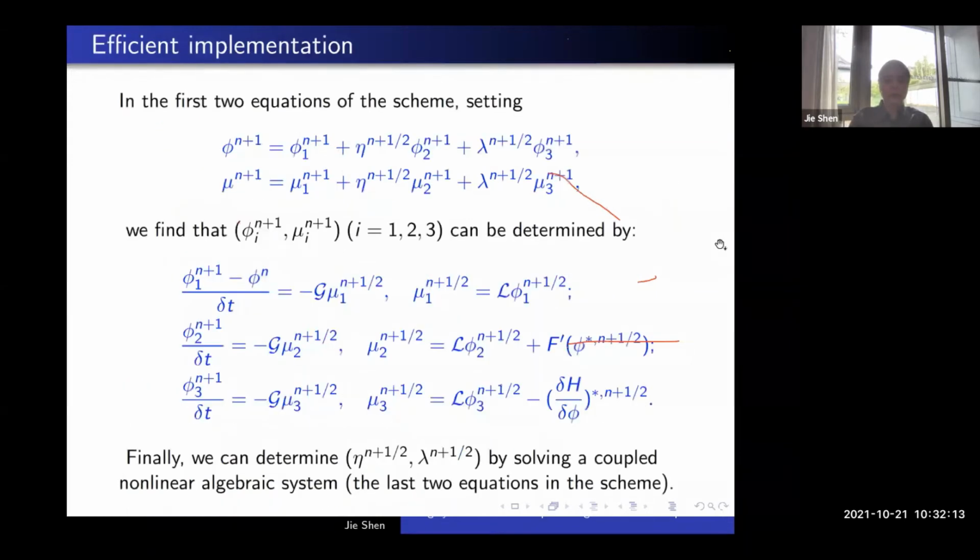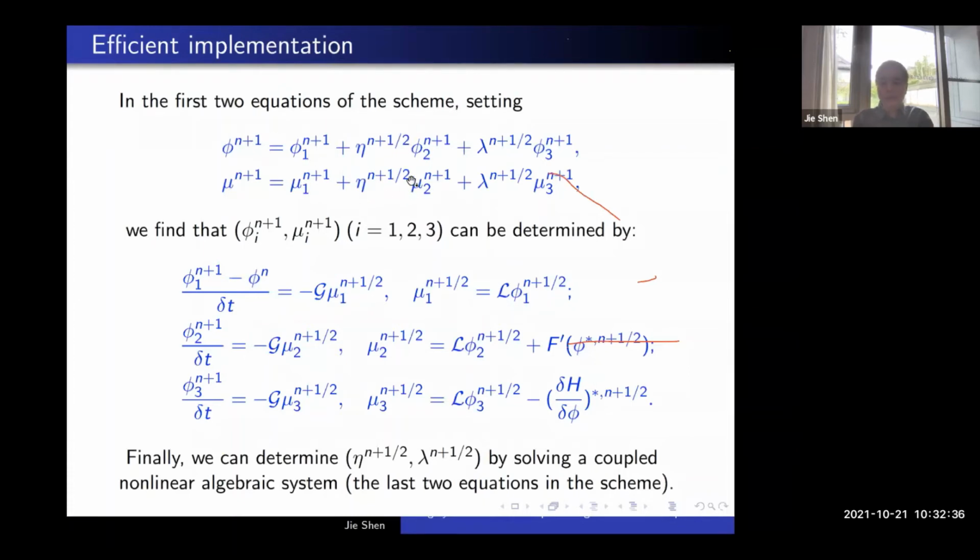Fortunately, this can also be easily solved. You do a similar trick. You write phi as a linear combination involving the Lagrange multipliers, and mu as a linear combination of the Lagrange multipliers.